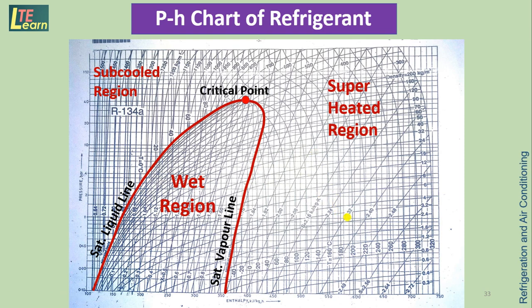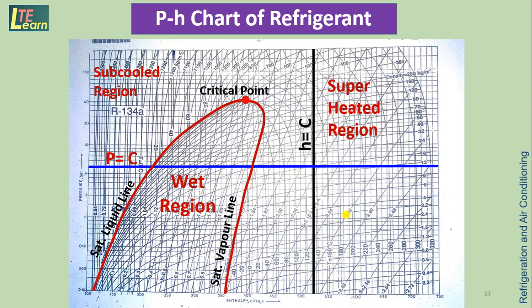Now here are the various lines which are of constant value. This is constant pressure line which is horizontal. Vertical line represents constant enthalpy. This is a constant temperature line which is in vertical fashion in subcooled region.